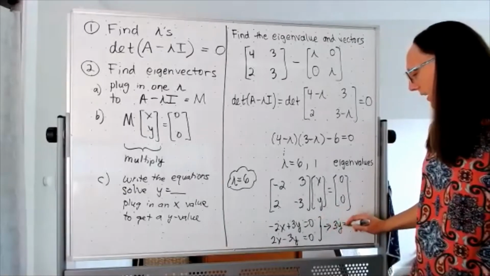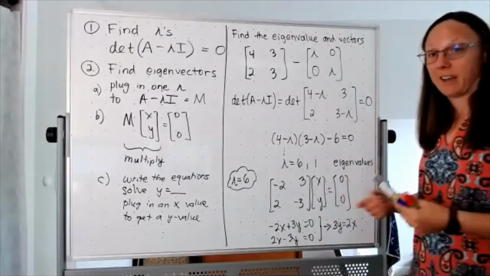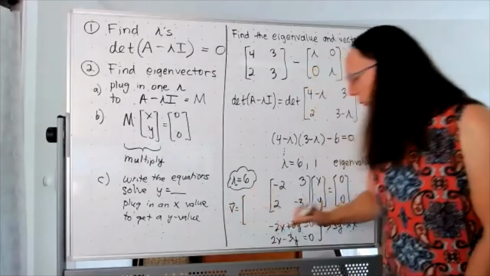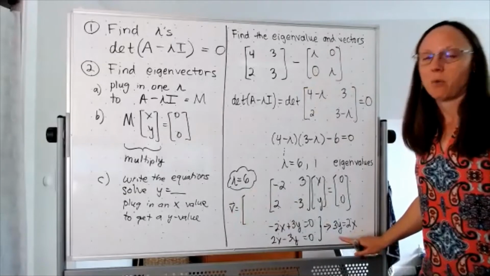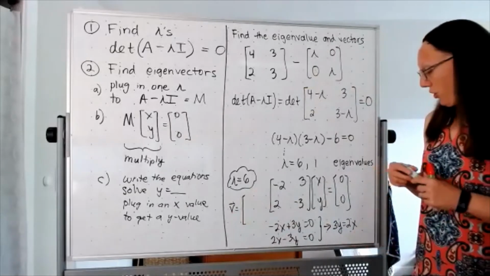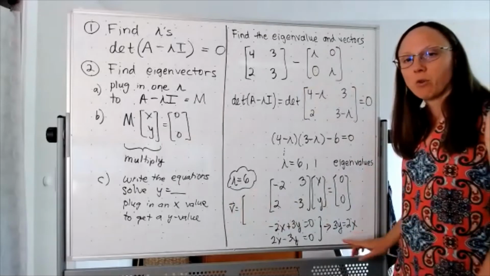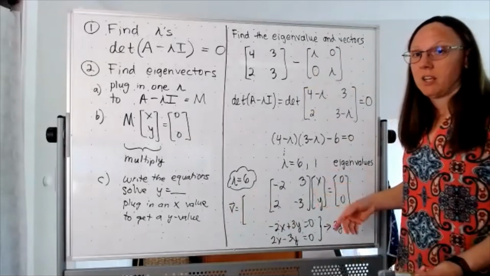So if 3y is equal to 2x, then to find the corresponding eigenvector, we can choose any number for x and then figure out what the y value has to be. You can always choose to plug in 1 for x, it just might give you fractions when you solve for y. That's okay.